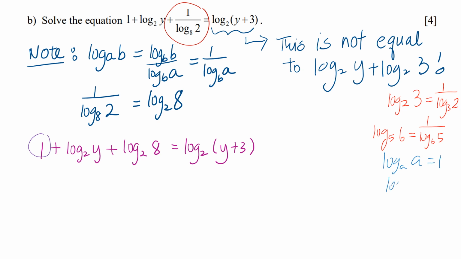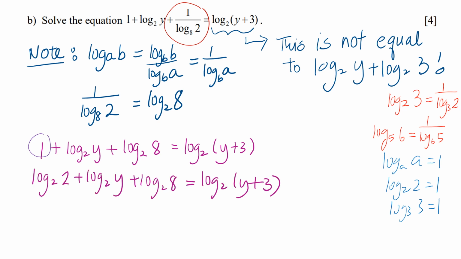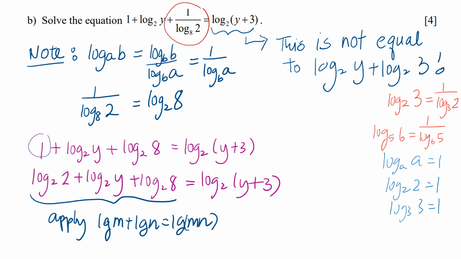So log 2 base 2 is 1, or log base 3 of 3 is 1. I'm going to rewrite 1 as log 2 base 2 because base 2 is the one that we're using throughout. Then apply the product law on the left hand side, which will get log base 2 of (2 times y times 8) equals log base 2 of (y plus 3). Okay, I'm going to erase this off so that you can see clearer.